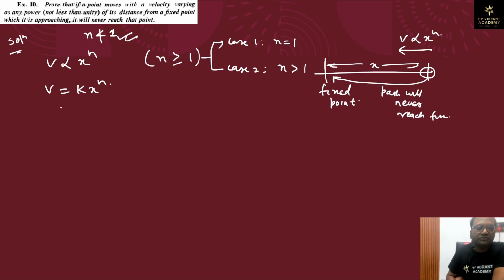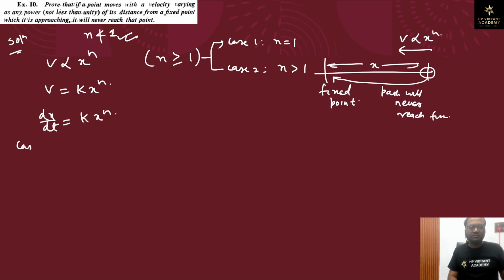So we can write this as: a particle moves with a velocity varying with any power of the distance from the fixed point, it will never reach the fixed point. So we have v as dx upon dt is equal to k x to the power n.